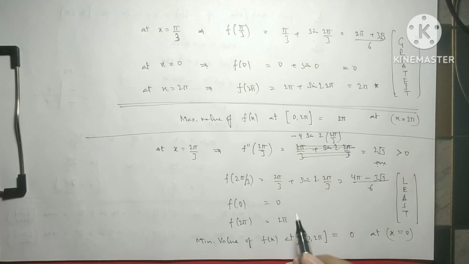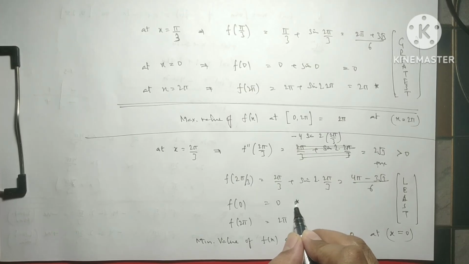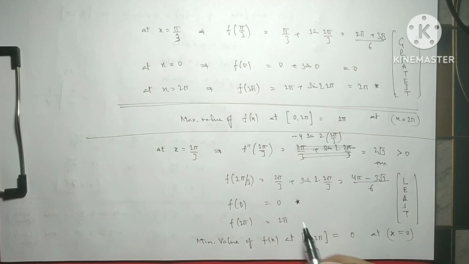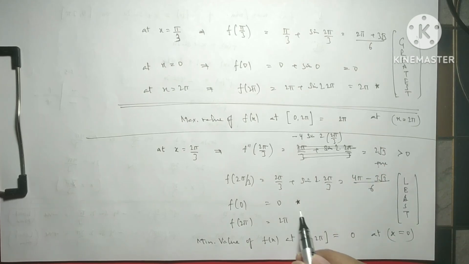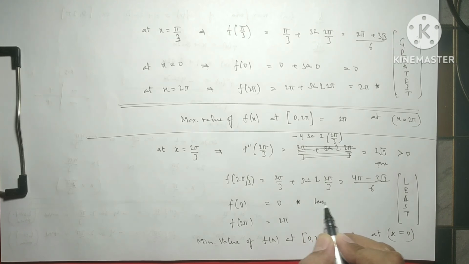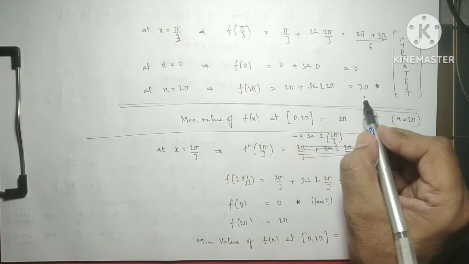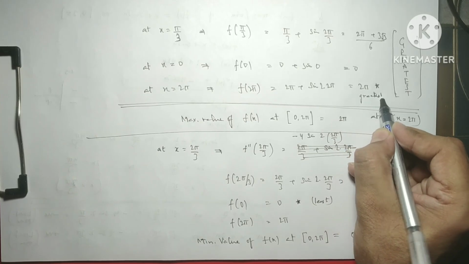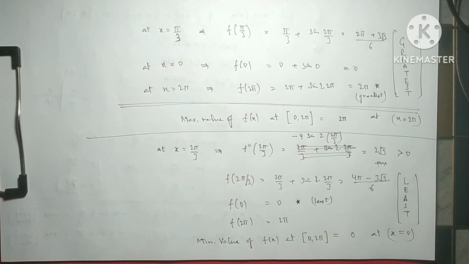So it is 0, this one. In case this is 2 pi, which is maximum, and this one is 0, which is least. So this is your answer.